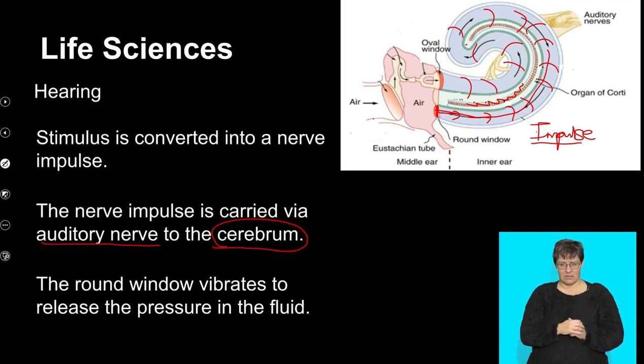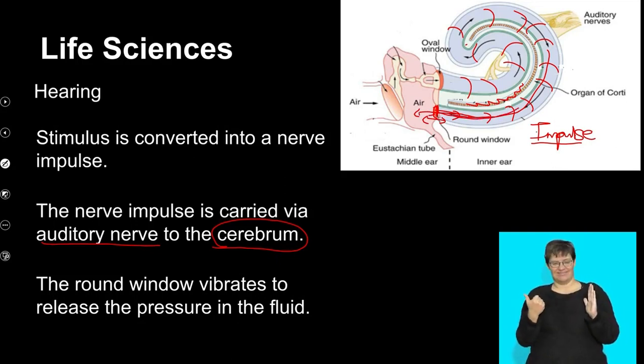You would have a very loud noise in your head, and the sound wouldn't be clear. So what this round window does is it starts to vibrate at the same frequency as the pressure waves, so that it's releasing the energy and it doesn't reflect back. It doesn't cause any trouble in the liquid, and you can hear nicely and clearly.